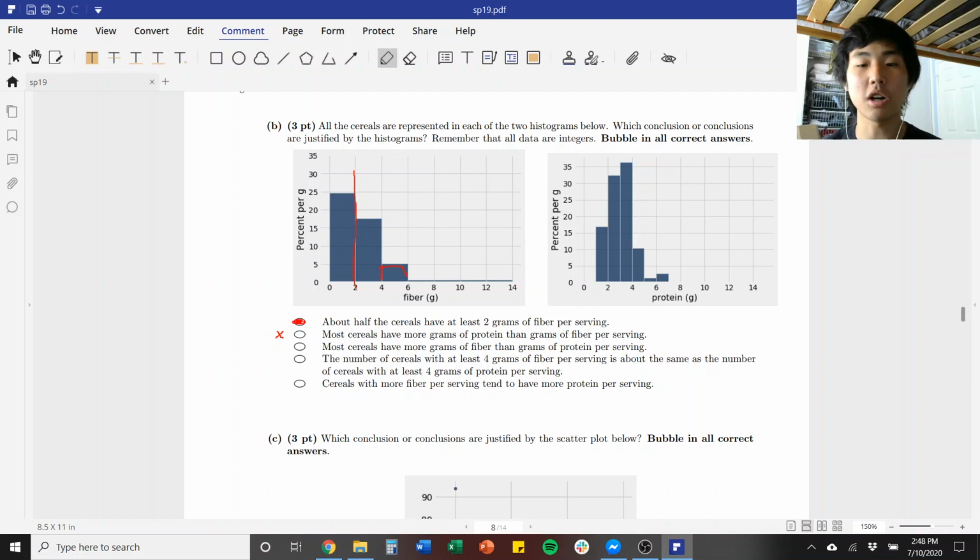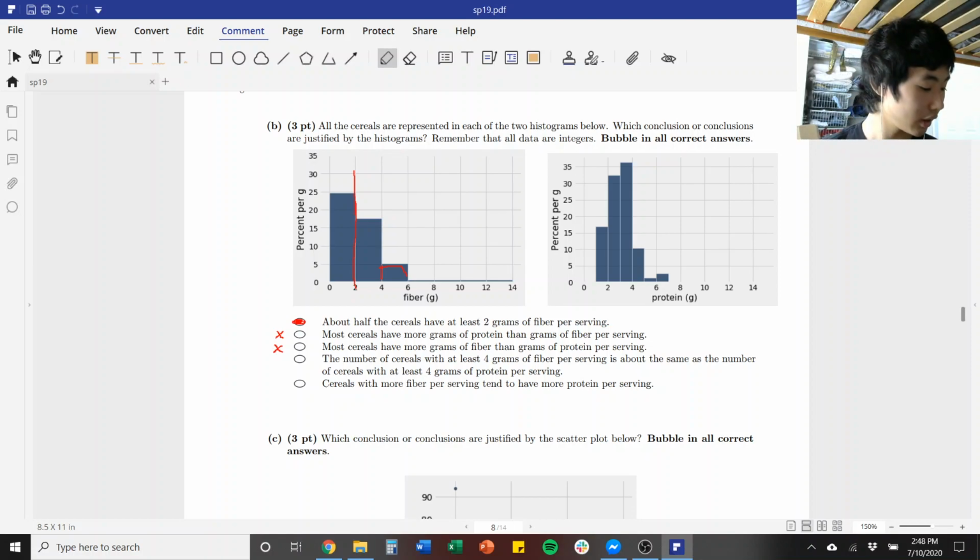And there is a possible grouping such that this is false. So we don't know this for sure, and in order to know this for sure, we would need to know the exact numbers for each cereal.